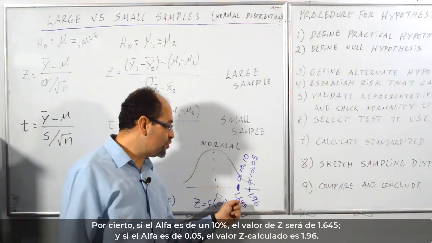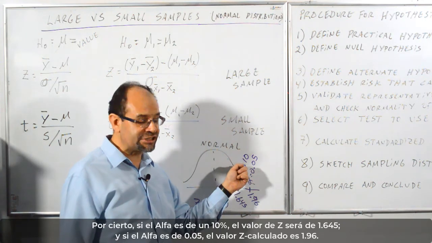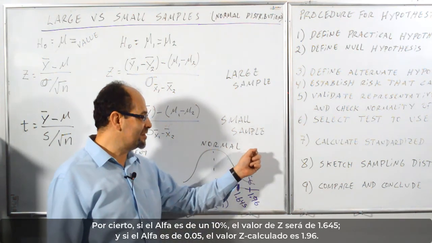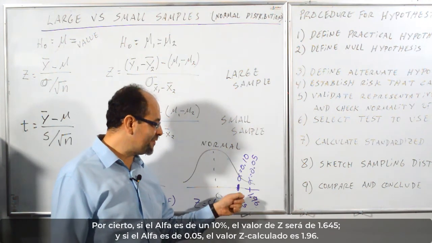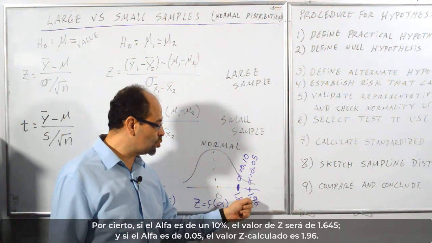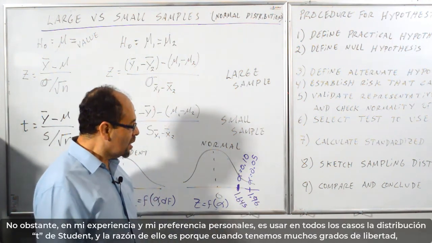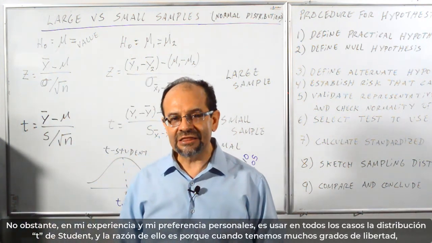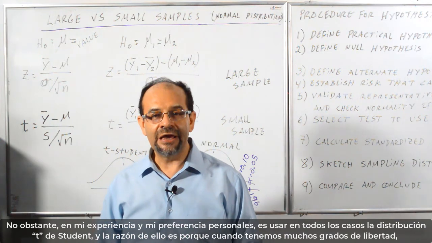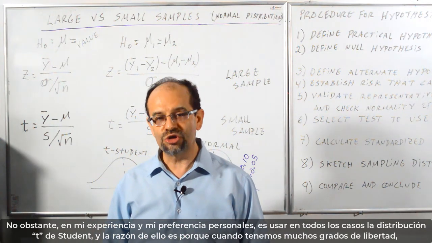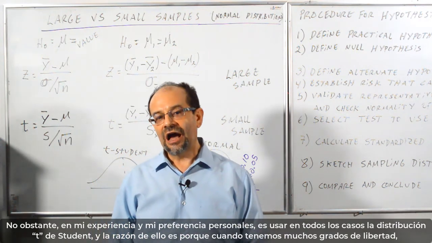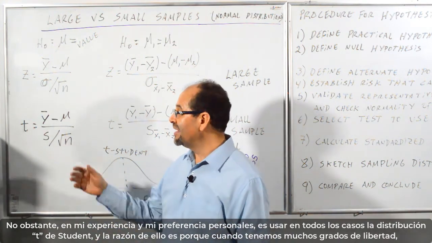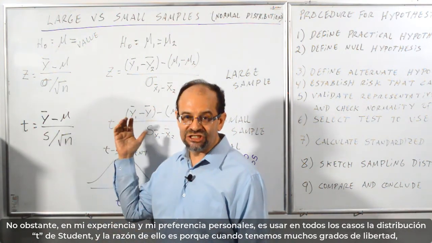By the way, if your alpha is 10%, the z-value is 1.645, and if your alpha is 0.05, your z-value is 1.96. But usually what I do, in most of the cases, my personal experience, is that I prefer to use for all the cases, for everything, the t distribution.